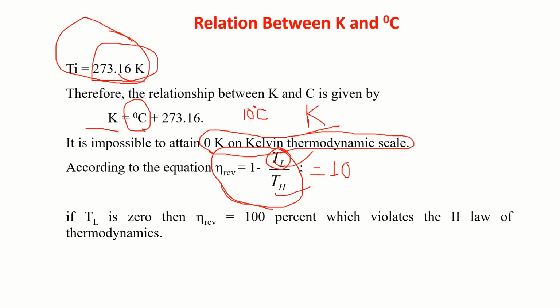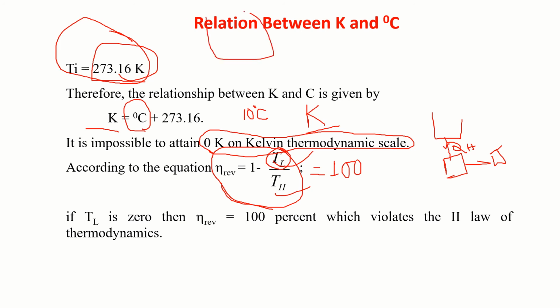That means it is 100% efficient, and 100% efficiency is nothing but a violation of the Kelvin-Planck statement. That means it is impossible to have an engine of 100% efficiency. Hence, it is impossible to attain 0 K on the Kelvin thermodynamic scale.